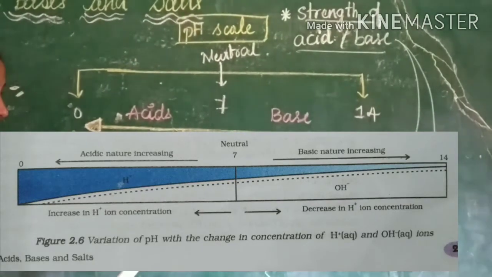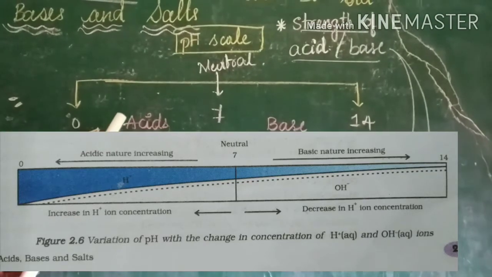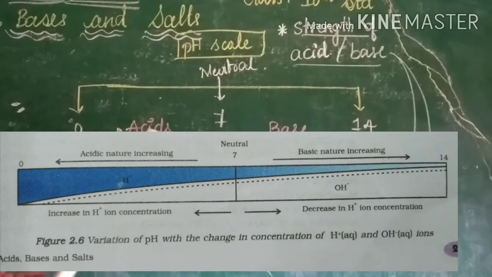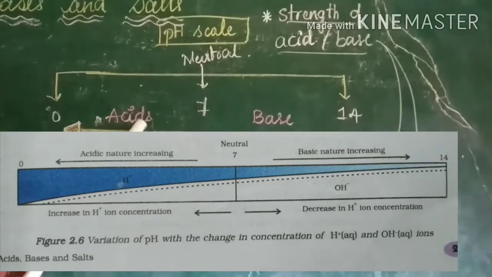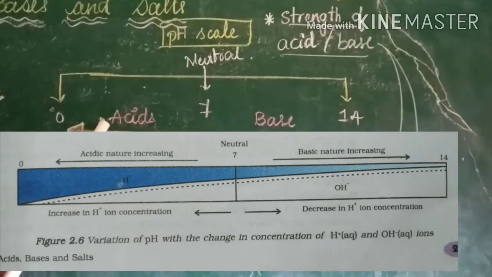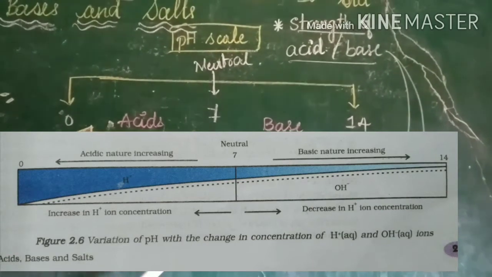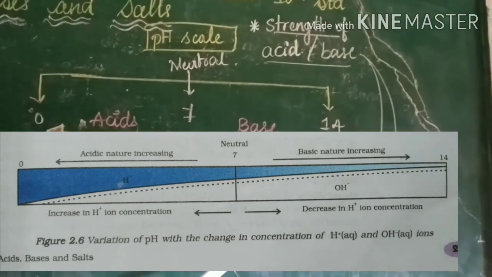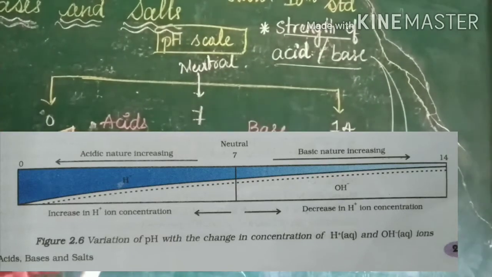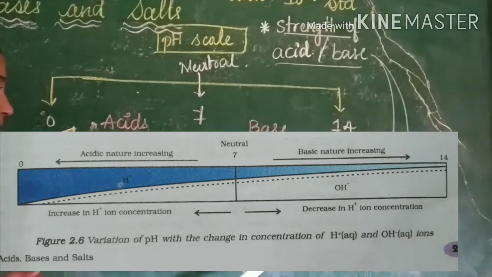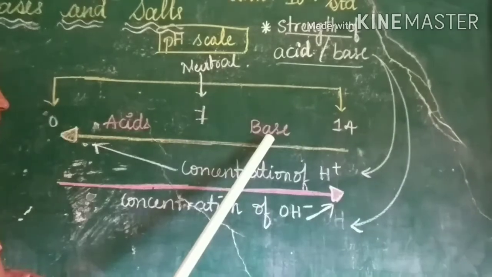The higher the concentration of hydronium ion, the lower the pH value of acids. Listen. The higher the concentration of H plus ion, the lower the pH value of the acid. Similarly, the higher the concentration of OH minus ion, the higher the pH value of the base.